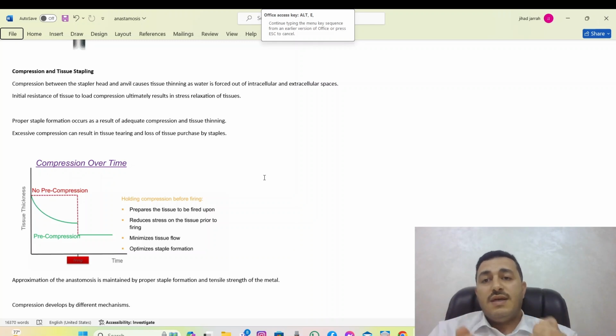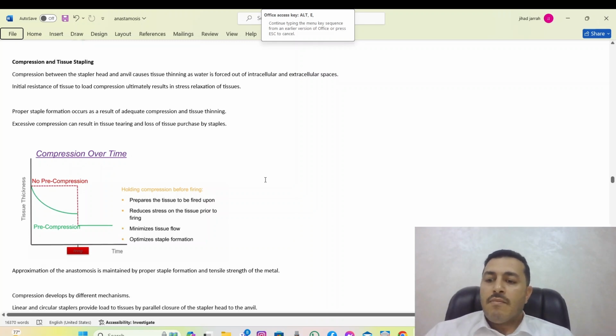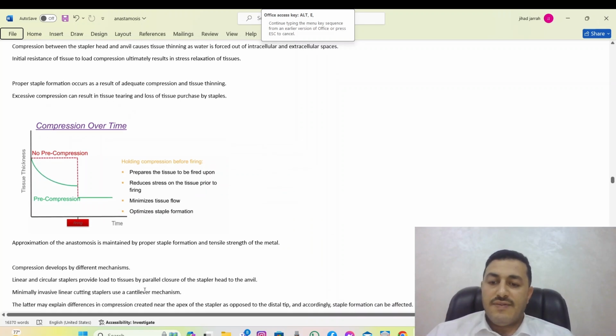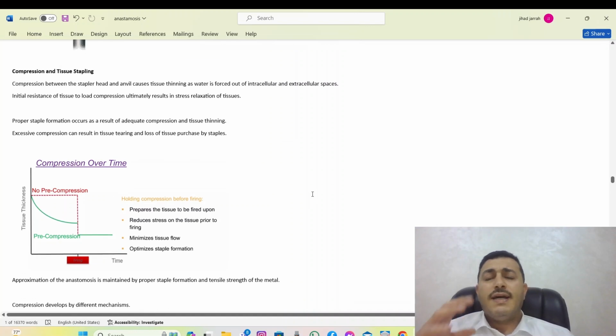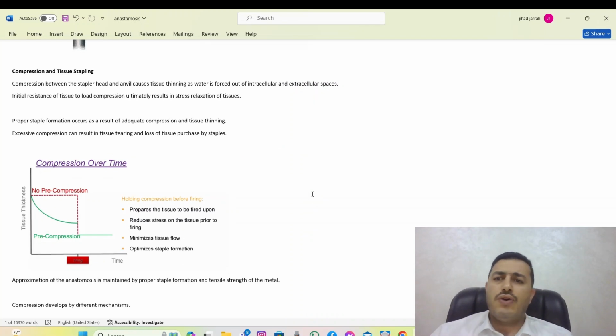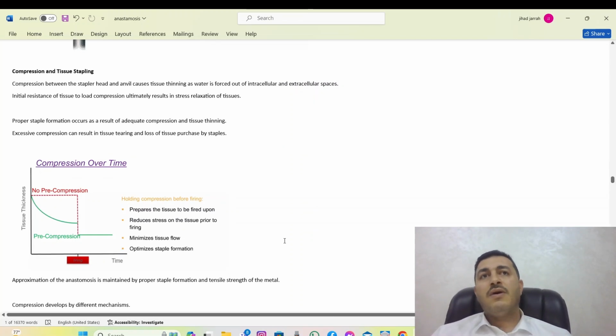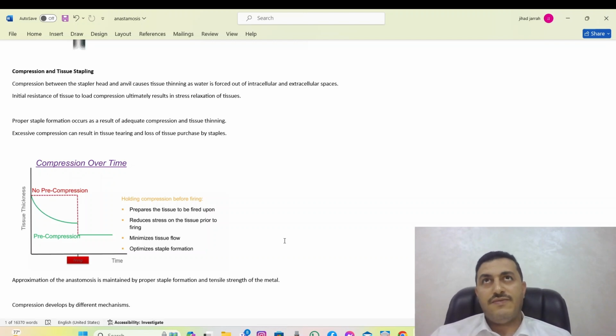We know that with the stapler we use for open surgery, we actually compress the tissue between the two limbs of the stapler. But in endoscopic, there is a different technique, the cantilever mechanism, I think, for compression. It doesn't matter. We have to understand that compression before firing is extremely important. What is the recommended time for compression? Above 15 seconds up to 1 minute even.